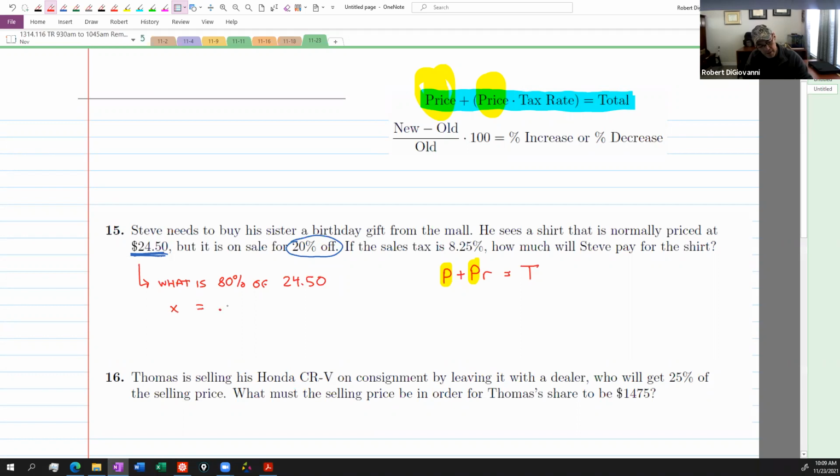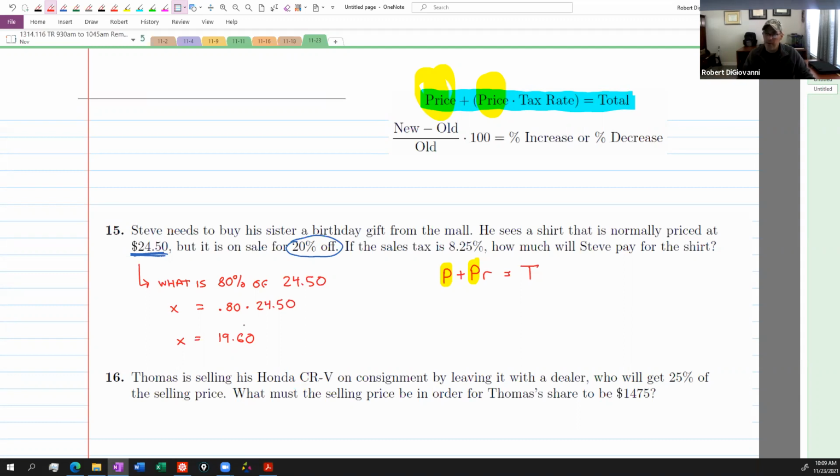X is 0.80 times 24.50. So we can do this on our calculator. I get 19.60. So if a shirt's $24.50 and we take 20% off, then the shirt is now $19.60. Make sense? That all okay?